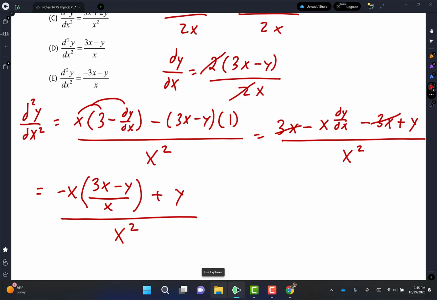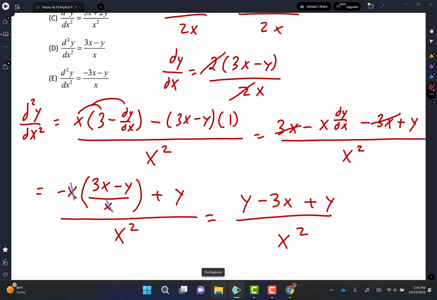Are we okay? Okay. Next, what do I see? I see these x's are going to cancel. Don't forget the negative. So let's see. If I distribute that negative, I'm going to put the y first. I have y minus 3x, and then this plus is still a plus y, all over x squared.